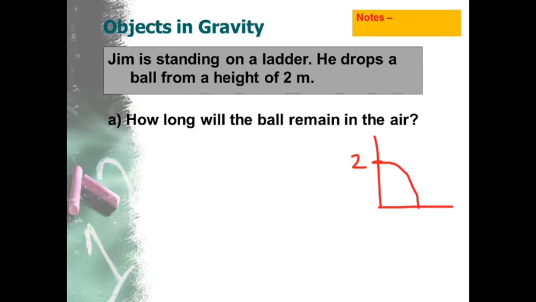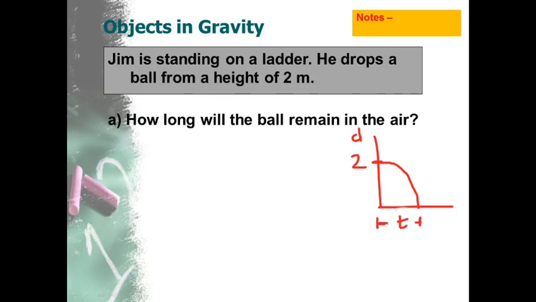We know that already because displacement under constant acceleration makes a parabola. How long will this remain in the air? In other words, I want to know how much time has elapsed, this delta t right here. Actually, we can just call it time because our initial time is 0. So let me erase that and just call it time instead of delta time. So we want to figure out that time right there.